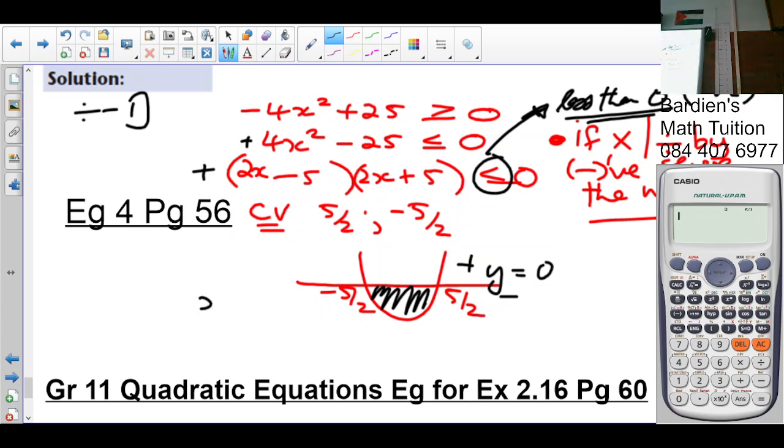If it's continuous, I write x between negative 5 over 2 and 5 over 2. The inequality will always go in this direction. Here, x is more than or equal to negative 5 over 2, and on that side, x must be less than or equal to 5 over 2. You guys understand? Any confusion?